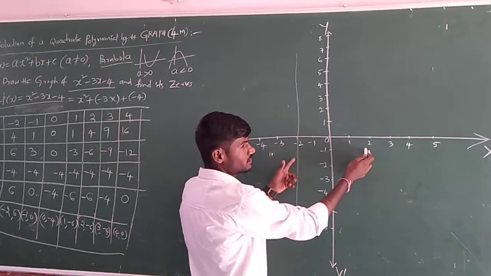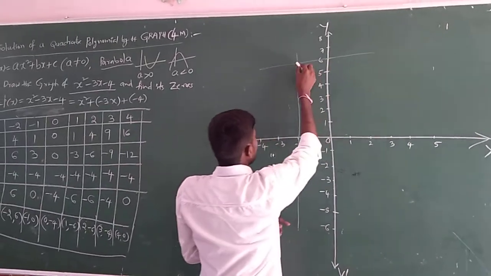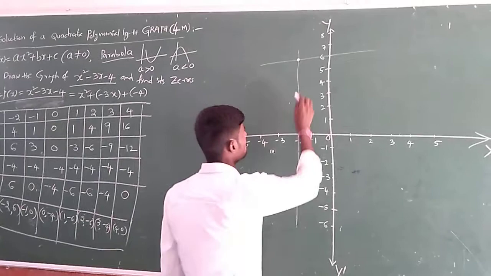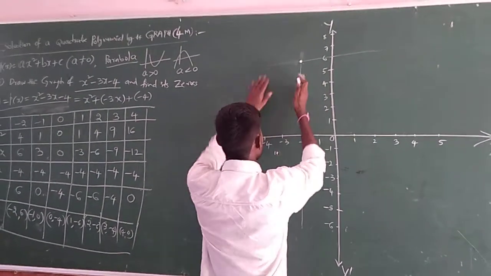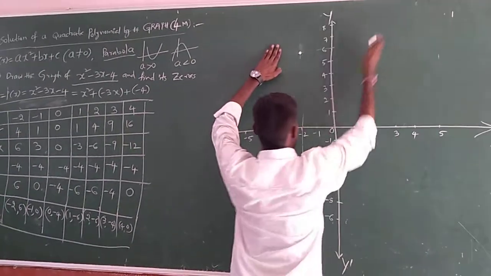If it is plus 2, you take the right side of the x-axis. The y value is 6, above, so you have the 6 line like this. Both will intersect at a point. That is your required point, minus 2 comma 6. So the first point is located. For your understanding, I am drawing the lines.